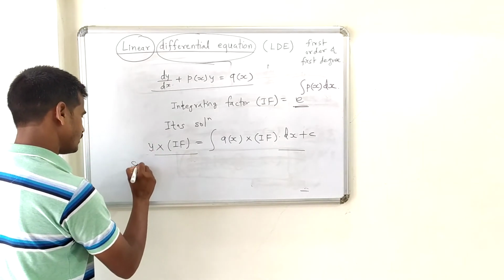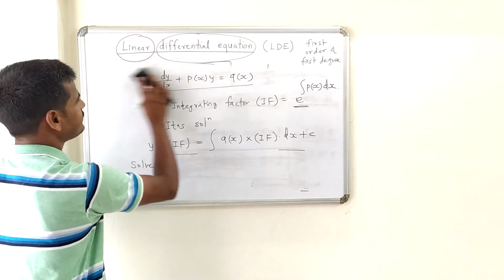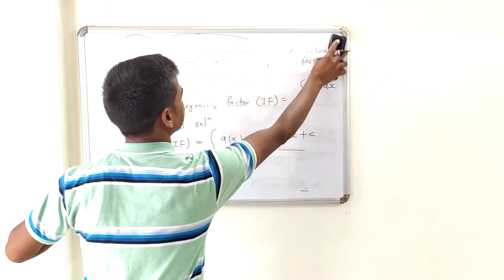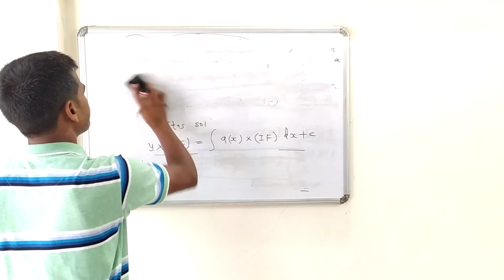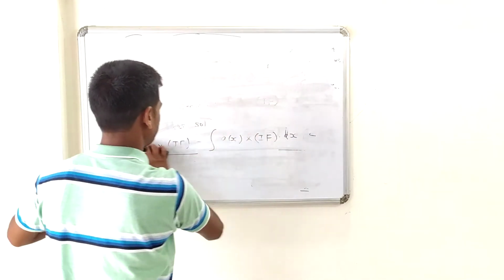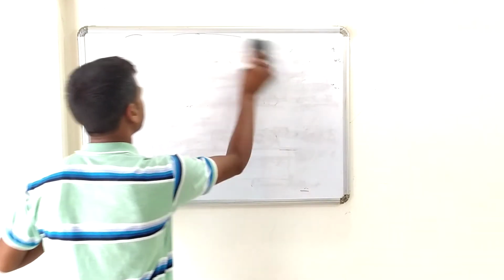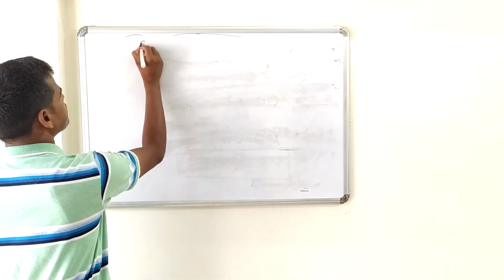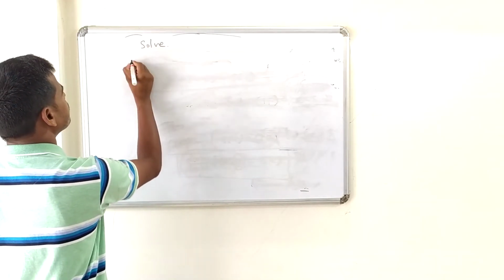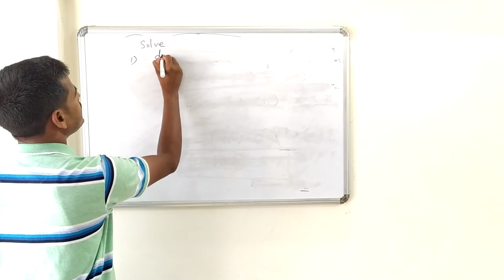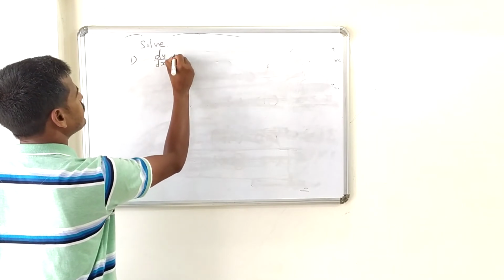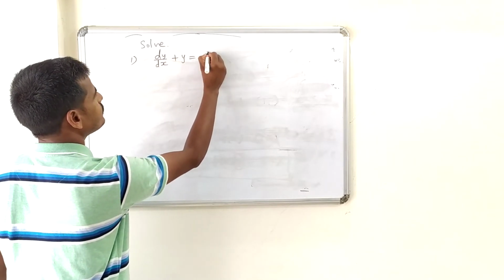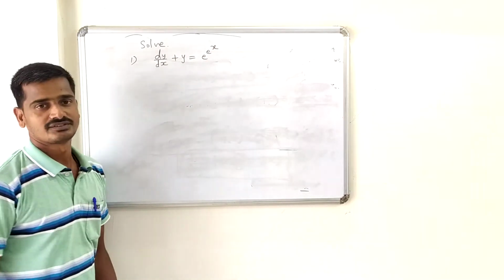Solve the differential equation number 1: dy/dx + y = e^(e^x).